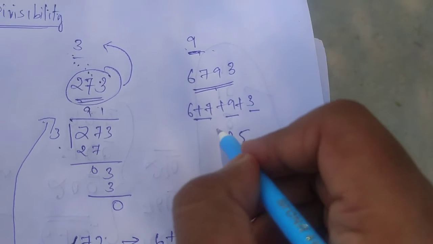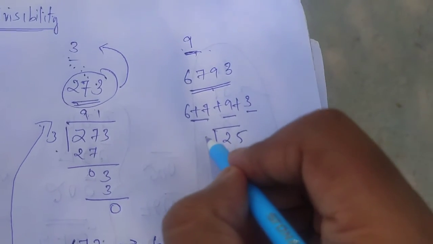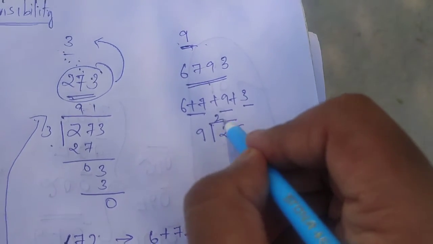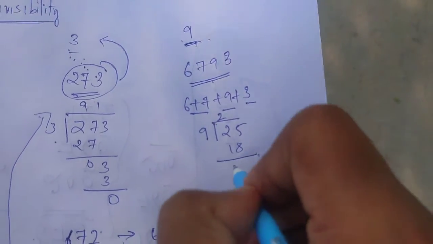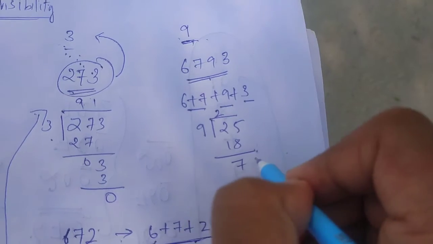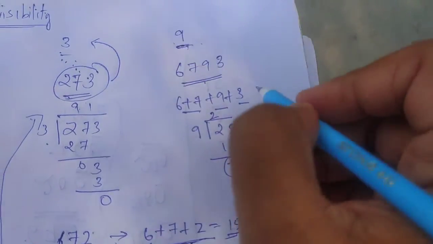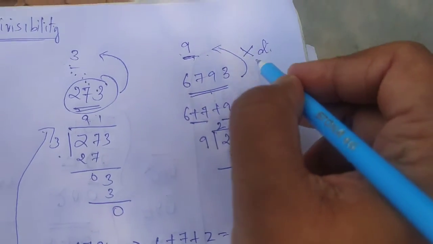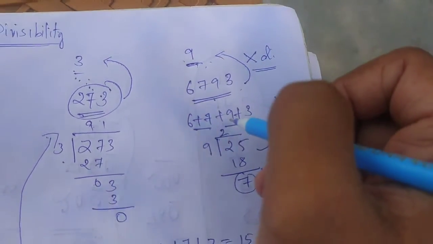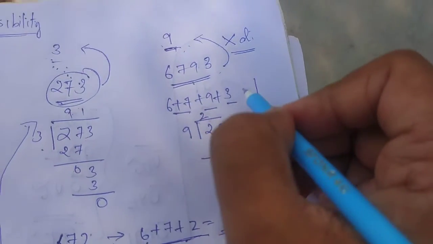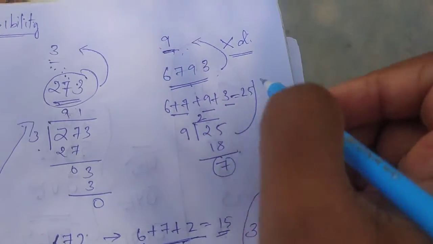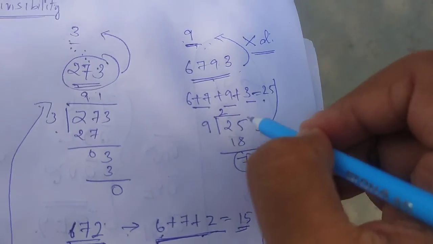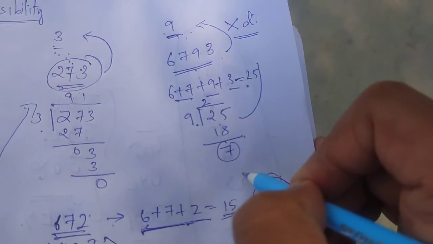Now divide this by 9. 9 2s are 18 and the remainder is 7. This remainder is not 0. Therefore, this number is not divisible by 9, because after adding we got 25, and after we divided by 9 we did not get remainder 0.